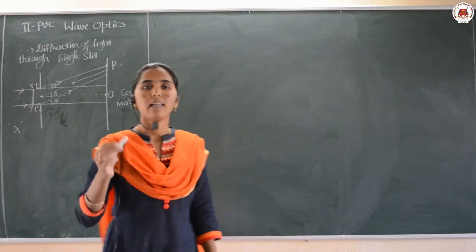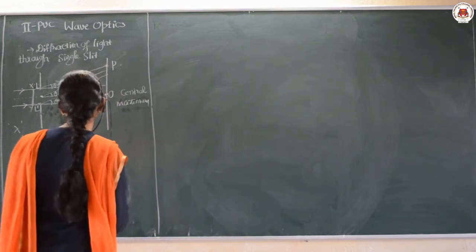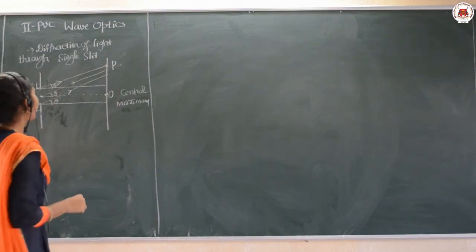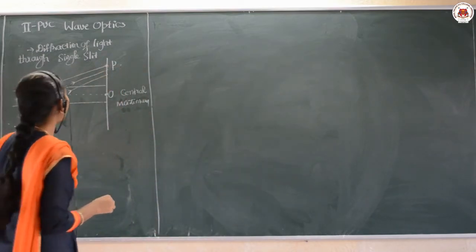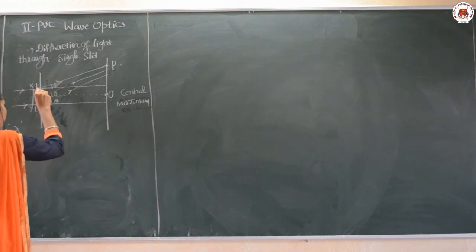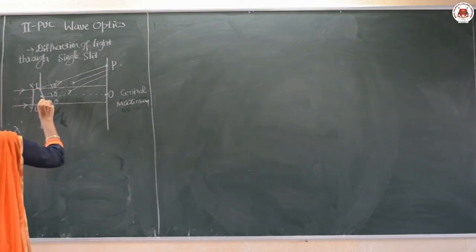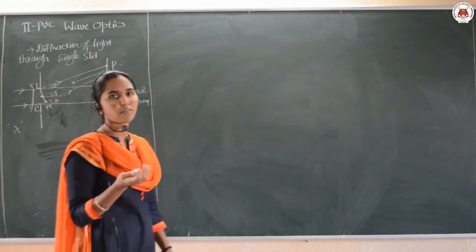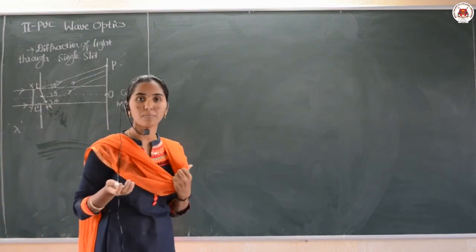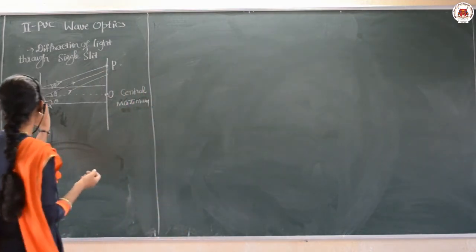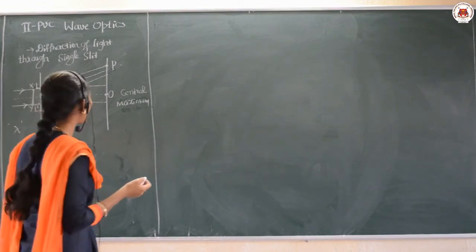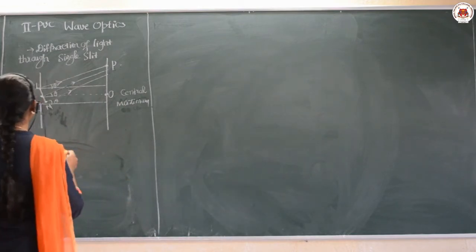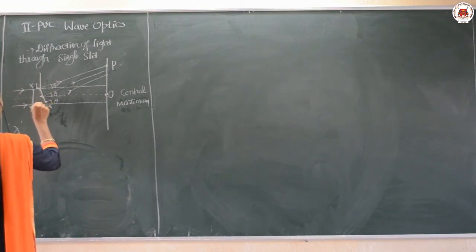Okay. Then let us first discuss the path difference between the two waves which are reaching the point P here. See, in this case, I can take here a point N. It is just like the interference of the light by the double slit experiment. There also we calculated the path difference and the fringe width.